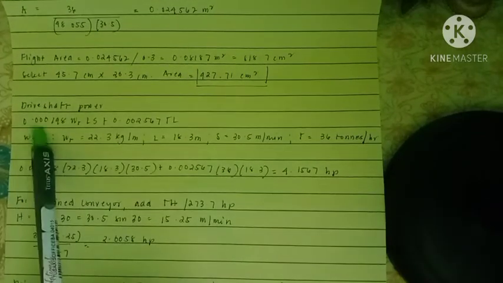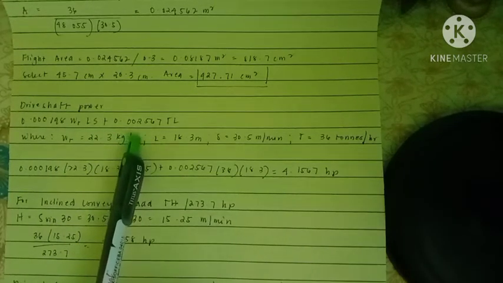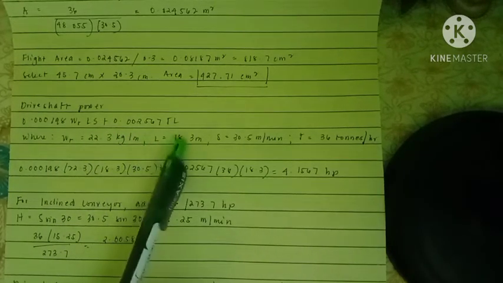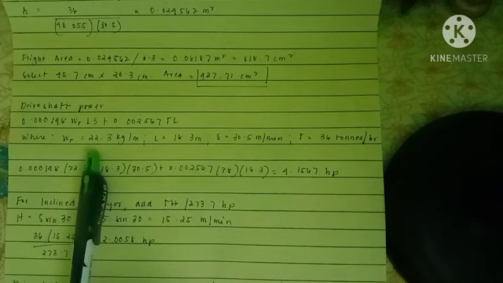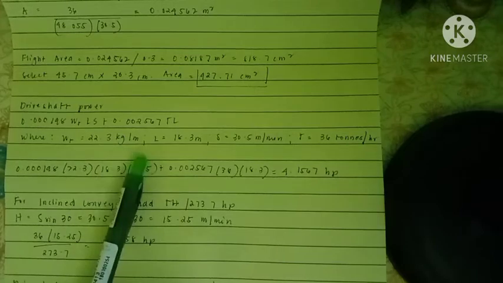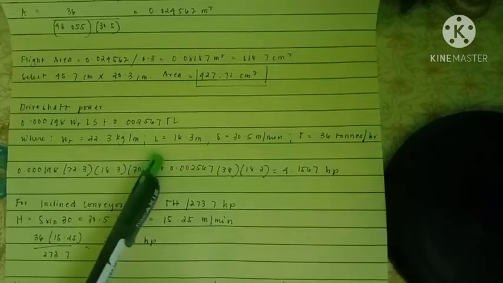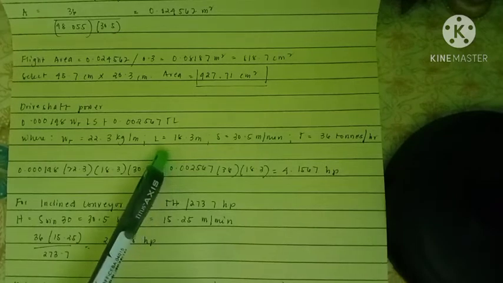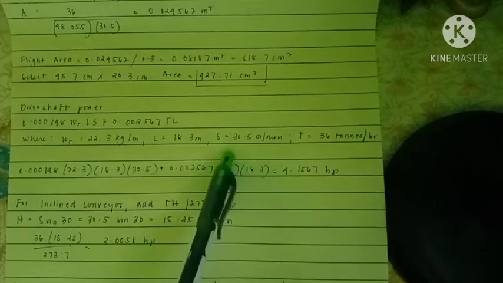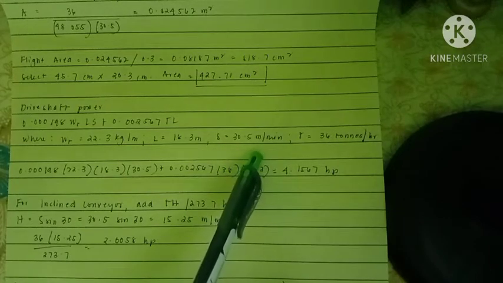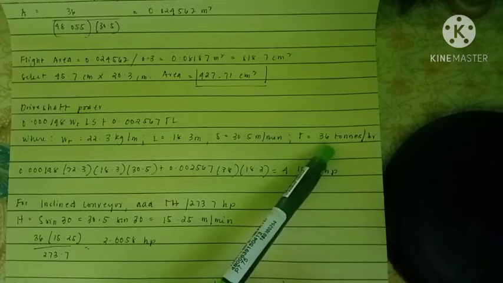HP is equal to 0.00198 W_T L S plus 0.00256 T L, where W_T is equal to 22.3 kilograms per meter, L is equal to 18.3 meters, S is equal to 30.5 meters per minute, and T is equal to 36 tons per hour.